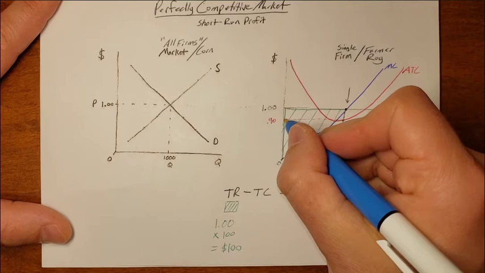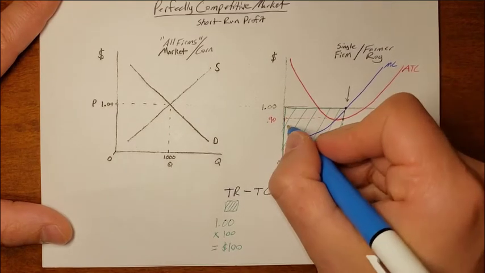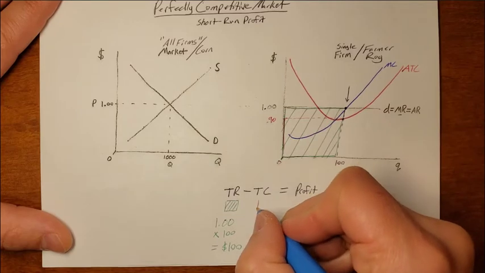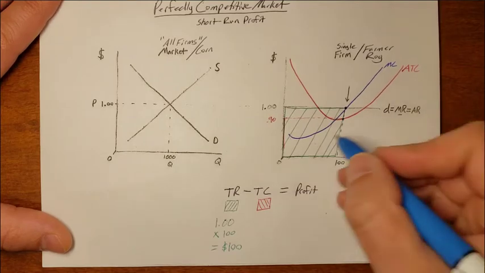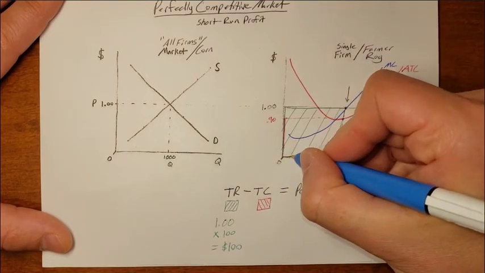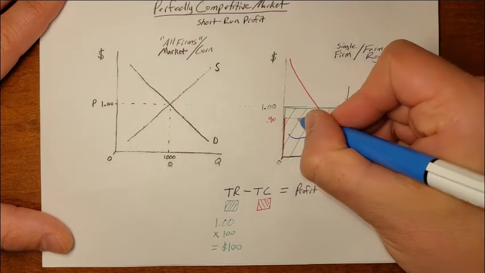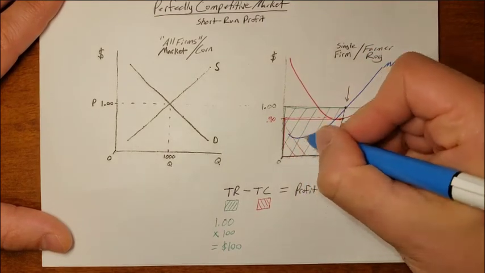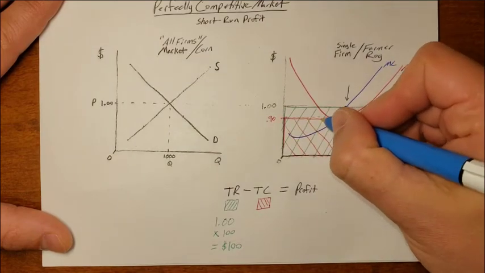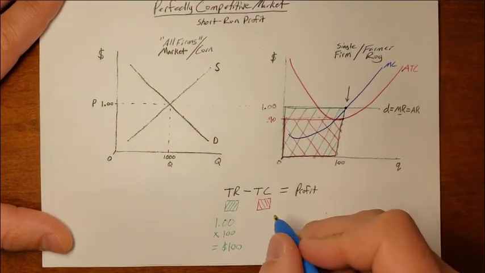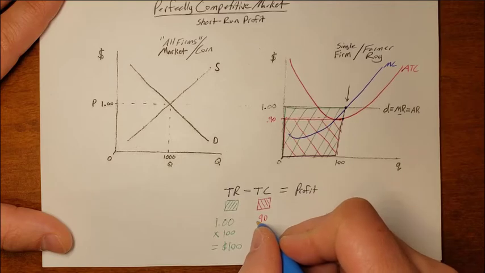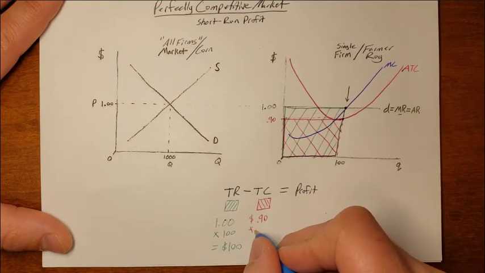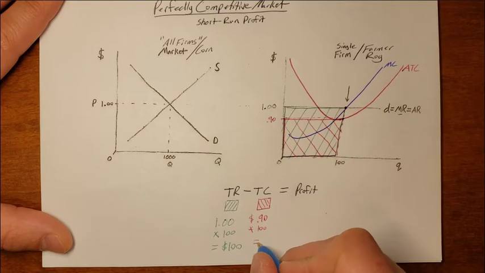Now the total cost is going to be, because remember the cost is 90 cents at this quantity of output, the total cost will once again use a red box, and we'll do the lines on another angle. The total cost is going to be this box here. And it's not going to be the same as the total revenue, because we're at 90 cents times 100 units equals $90.